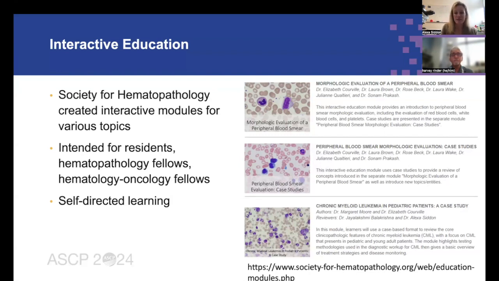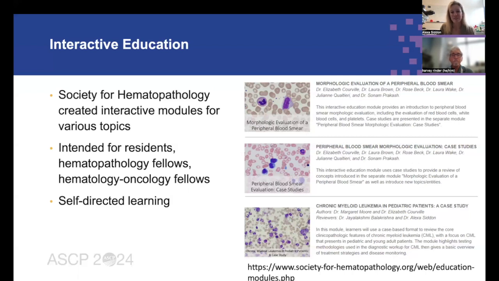If you go to the website, which I've given a screenshot of on the right, there are numerous different modules where if you click on them, they go through about 30 minutes to an hour of learning. It's interactive. You have to turn up your volume. You can hear the cases being talked through, and there are questions that you can answer throughout each case study.